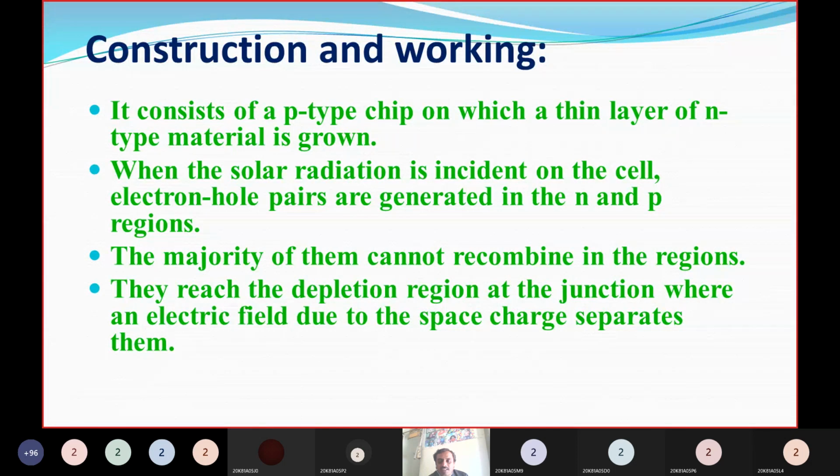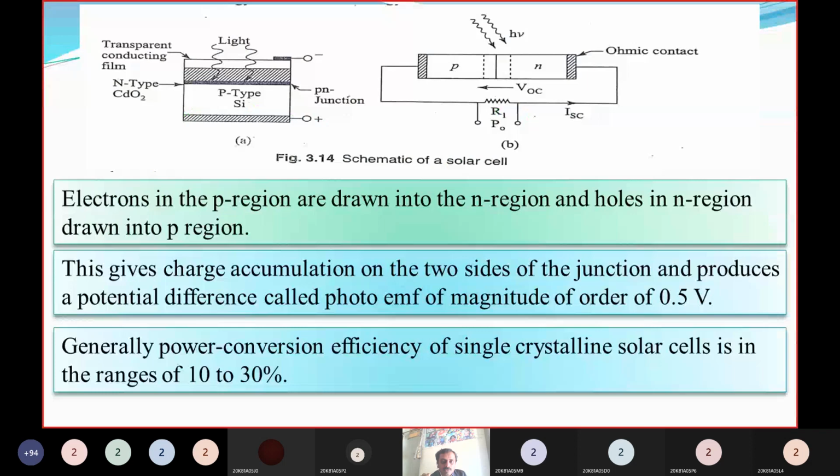Some charge carriers reach the junction and accumulate there. Because of the accumulation of charge carriers, the potential difference between the p region and n region will increase. When the potential difference increases, an electric field is automatically produced.